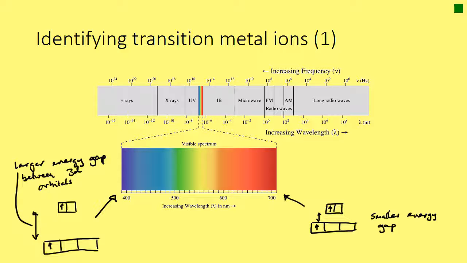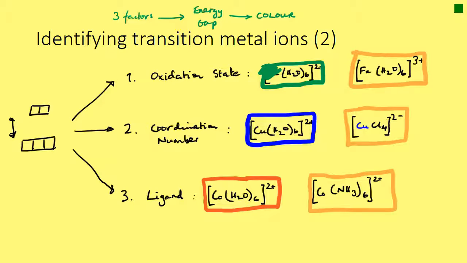I just wanted to help you fully understand how the transition metal ions have their colour. Okay, so this is the bit about identifying transition metal ions that you could be examined on, and let's repeat that it's the colour of the transition metal ion complex that identifies it. And where does the colour come from?